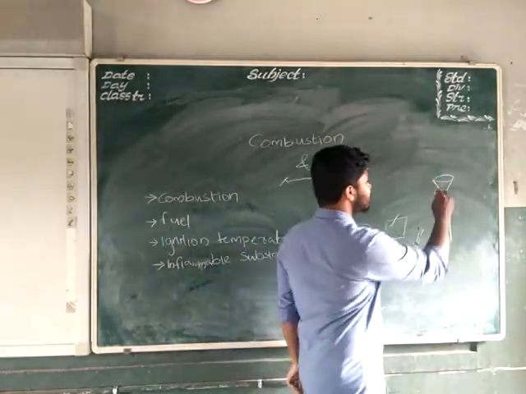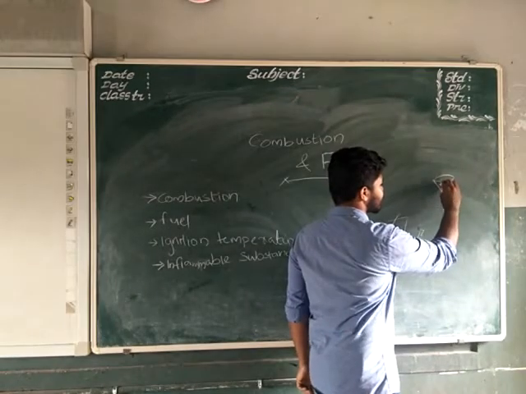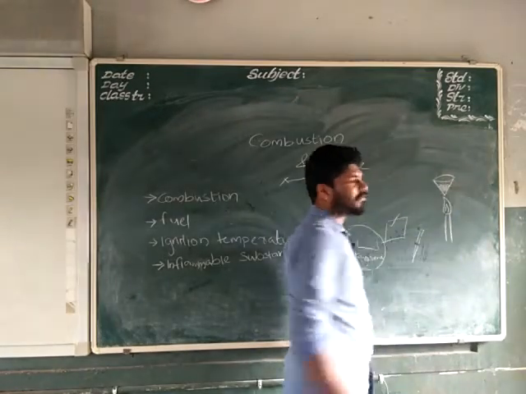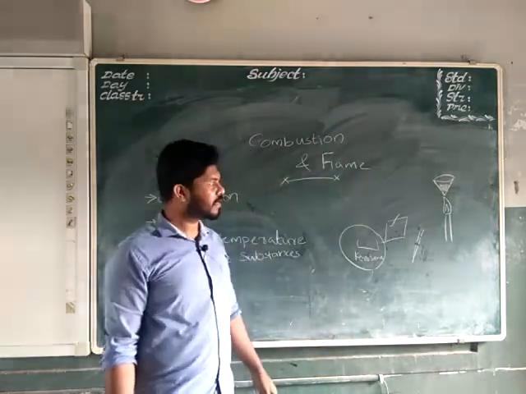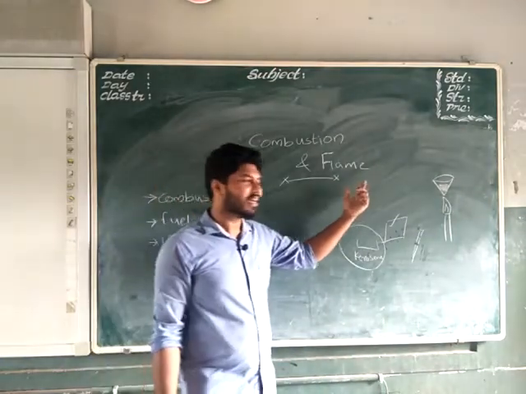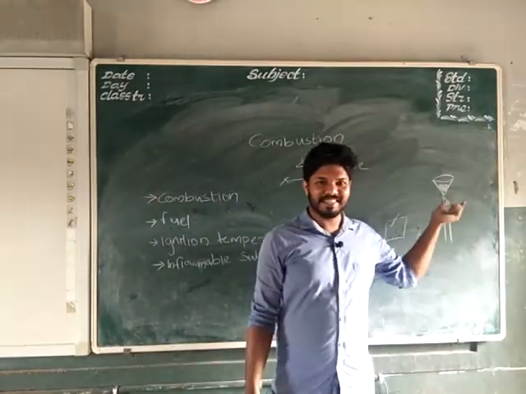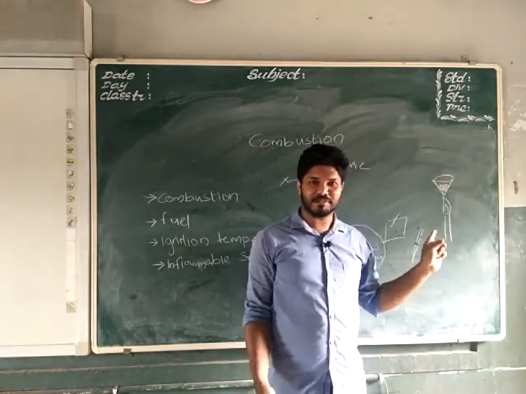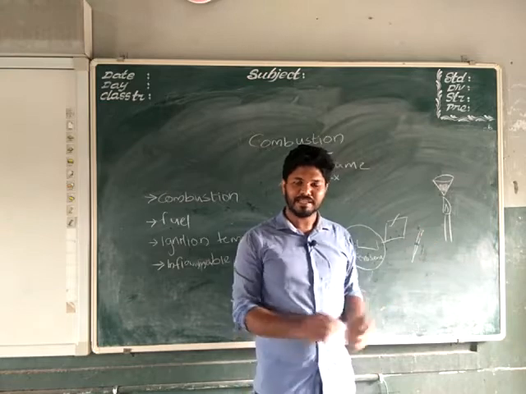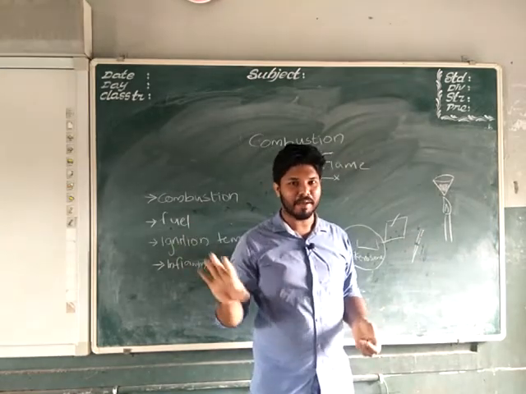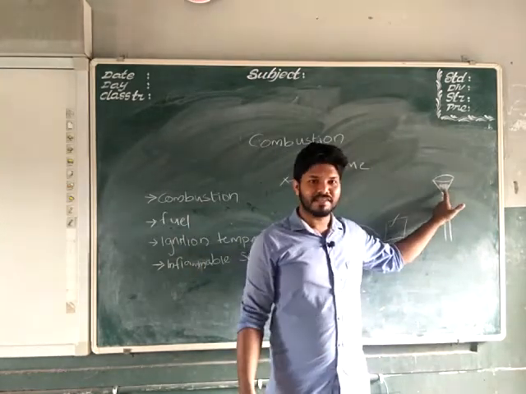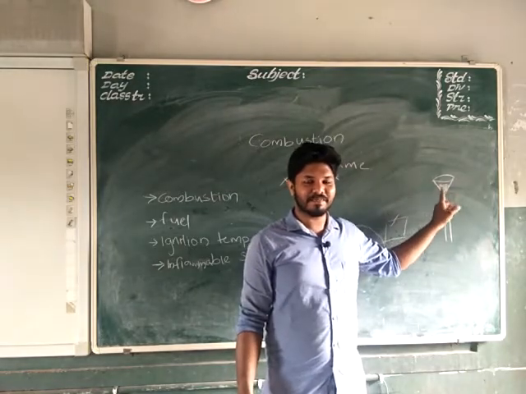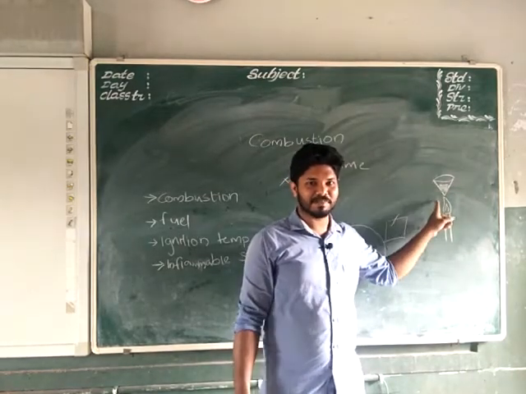The next time, you have to add some water into that. What happens this time? The paper will not burn easily. Why? The paper has an ignition temperature, a minimum temperature at which it burns. But when we add water, it will not reach its ignition temperature easily because of the presence of water.